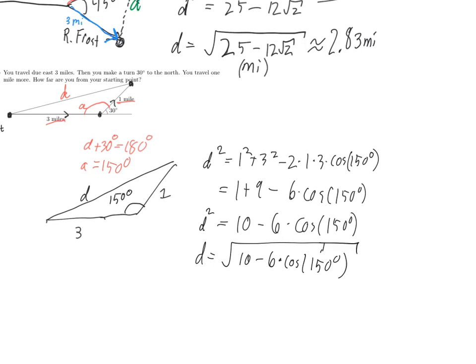And 150 degrees isn't a number that I see on the unit circle in that lookup table. So the best we can do is approximate it. And let's do that. The square root of 10 minus 6 times the cosine of 150 degrees is equal to somewhere around 3.80.